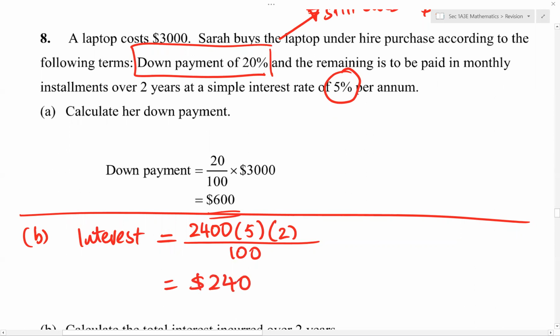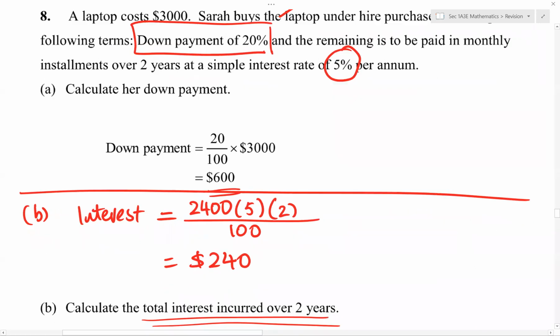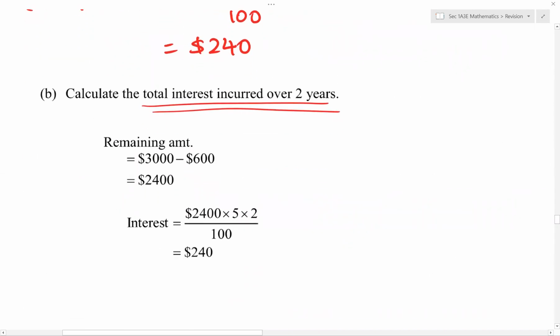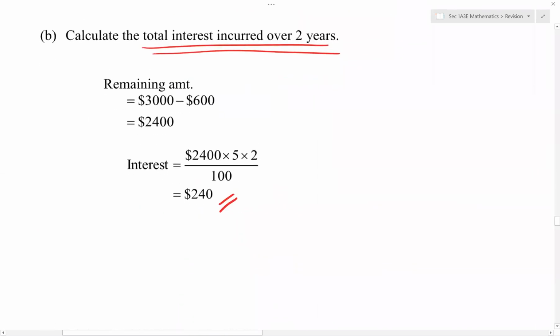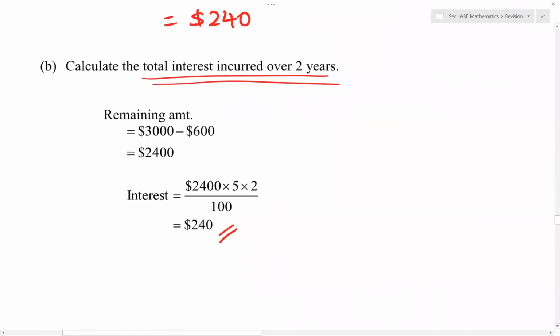This is the extra that she needs to pay over 2 years, $240. Okay, so the extra that she needs to pay is $240.